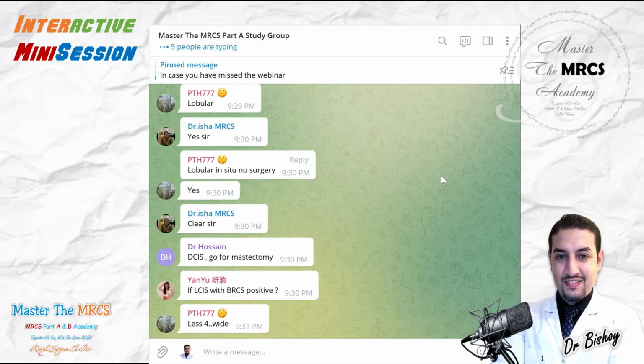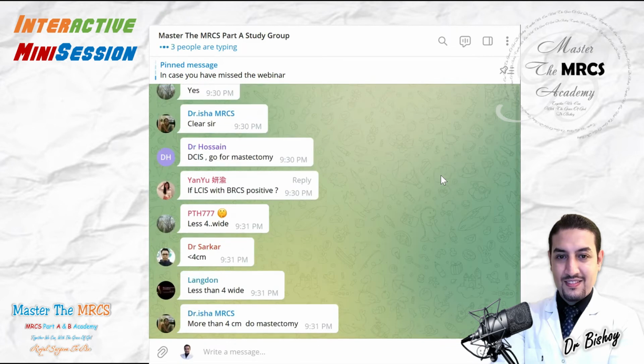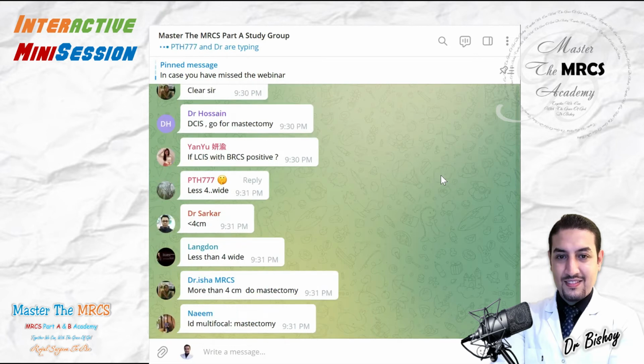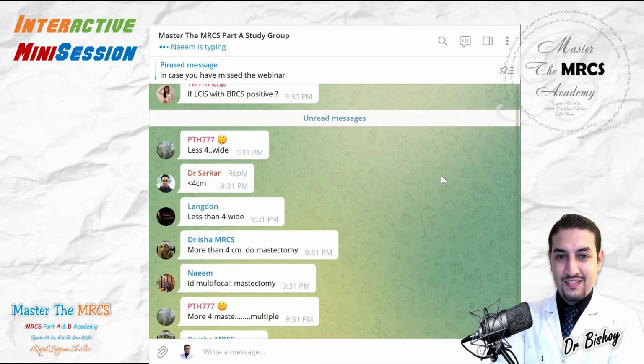We will do mastectomy for ductal carcinoma in situ if it's more than 4 centimeters. But if it's less than 4 centimeters, you can do just wide local excision and prepare this patient for mammoplasty. Clear? Hope this is clear.